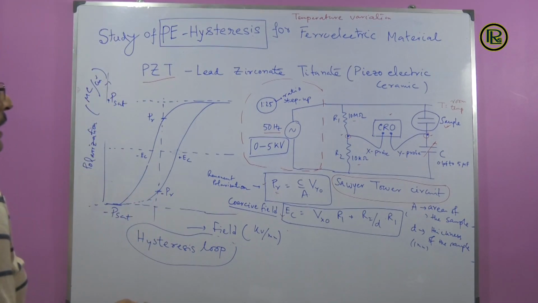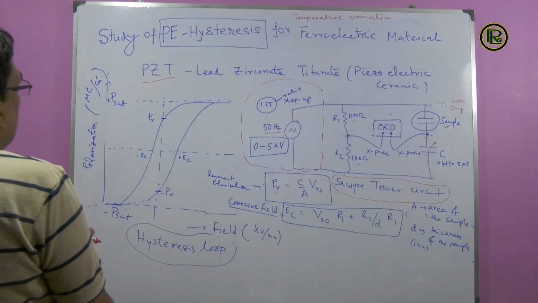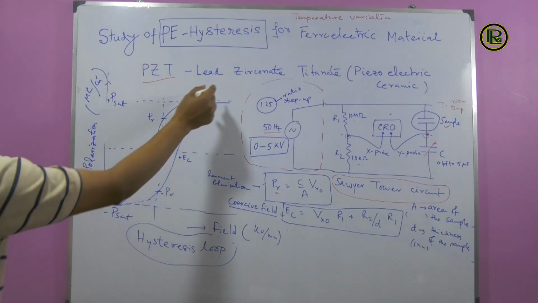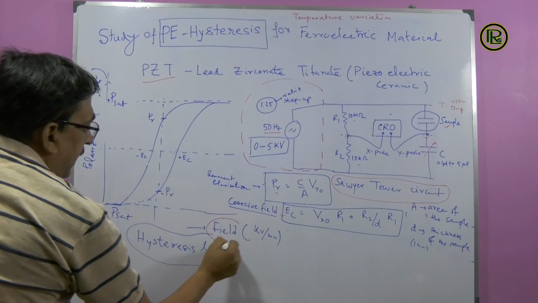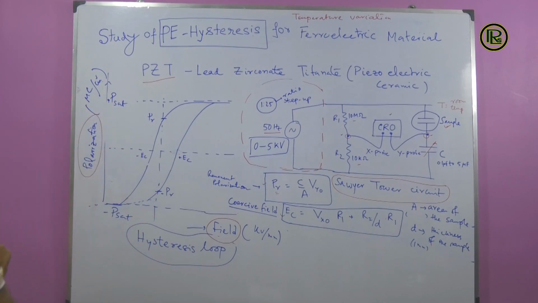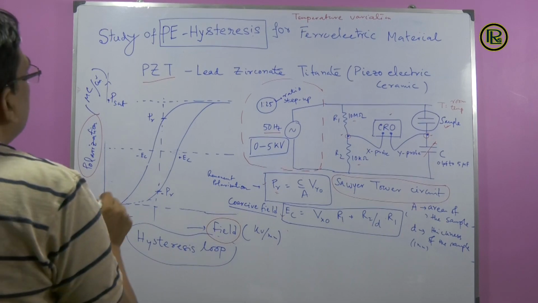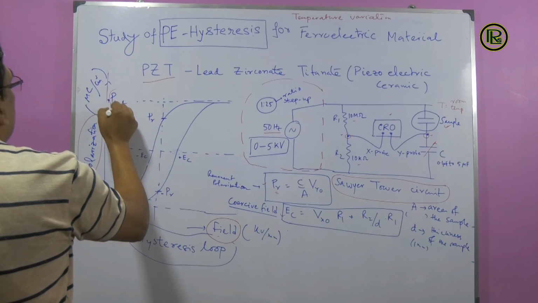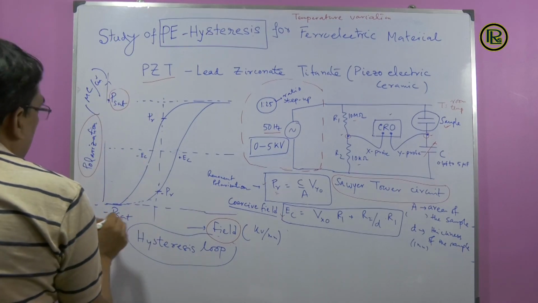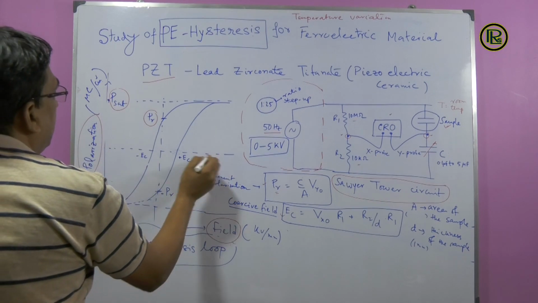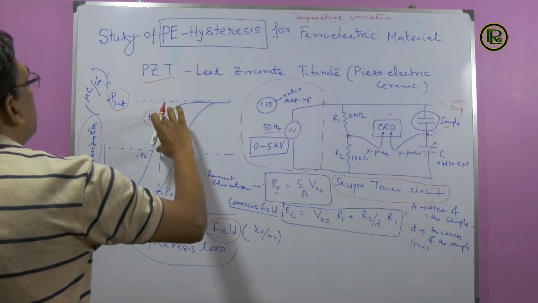We get the hysteresis loop for our sample at various temperatures like this, with the field along the x-axis and polarization along the y-axis. The polarization saturates here. This is the saturation polarization, and this is the remanent polarization, where the electric field is 0 but polarization is there.